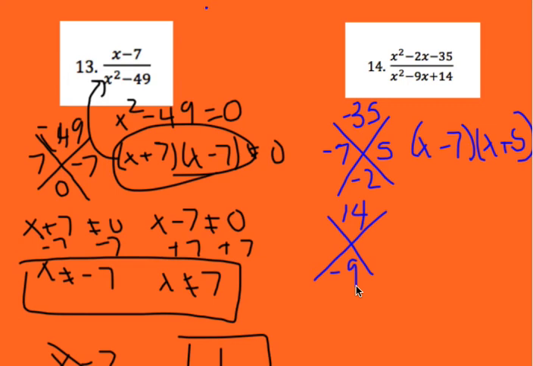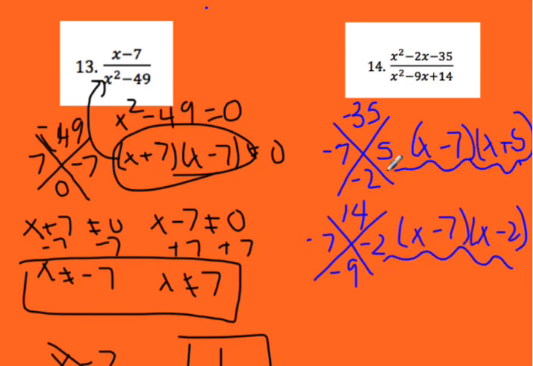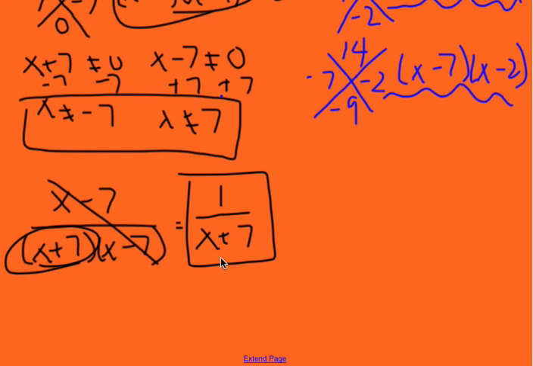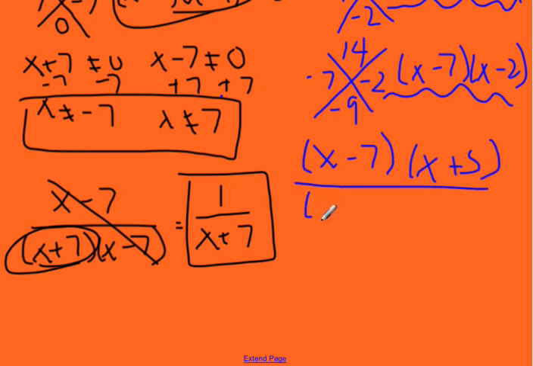Since I'm multiplying to a positive number and adding to a negative number, both my signs need to be negative, and I'm going to use negative 7 and negative 2. So I have x minus 7, x minus 2. So I'm going to rewrite this as the numerator and this as the denominator: x minus 7 times x plus 5 over x minus 7 times x minus 2.